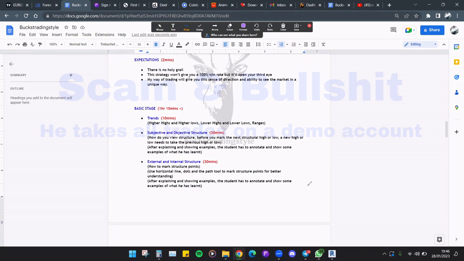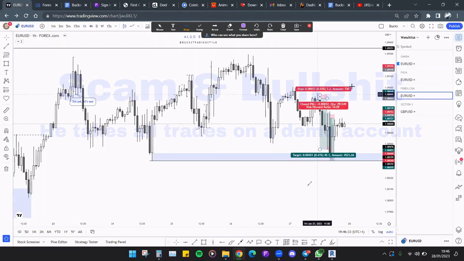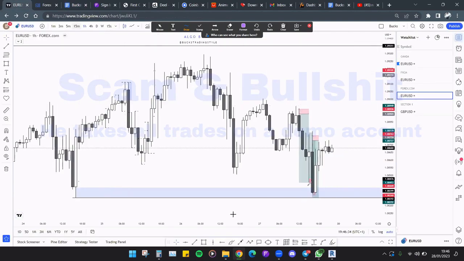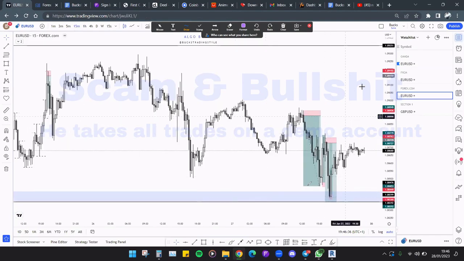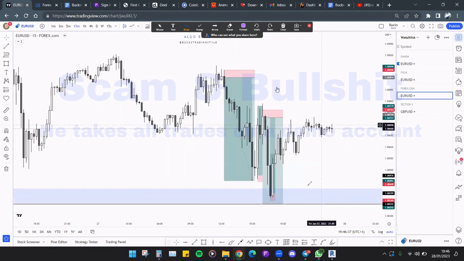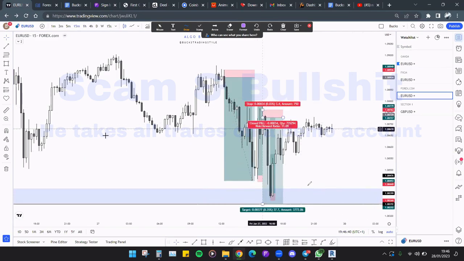So now, actually, Algo is going to give you this sense of direction. When you open the chart and you just look at the chart, you'll be able to tell where price is going. You'll be able to tell, okay, price is going to fall from this point, or price is going to go up.